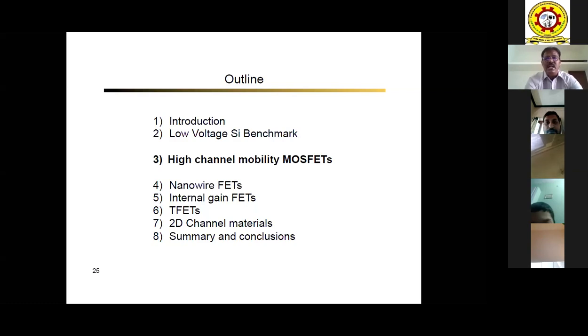Another candidate is internal gain FETs. Another candidate is TFETs. Then the last but not the least one is 2D channel materials. Okay, these are all the promising candidates in place of a conventional MOSFET. Okay, we go one by one into brief details.